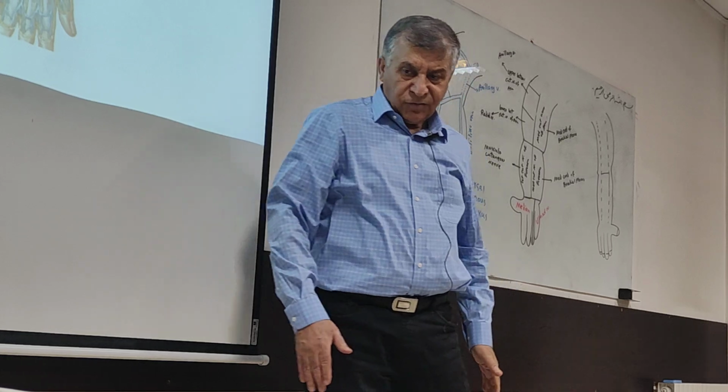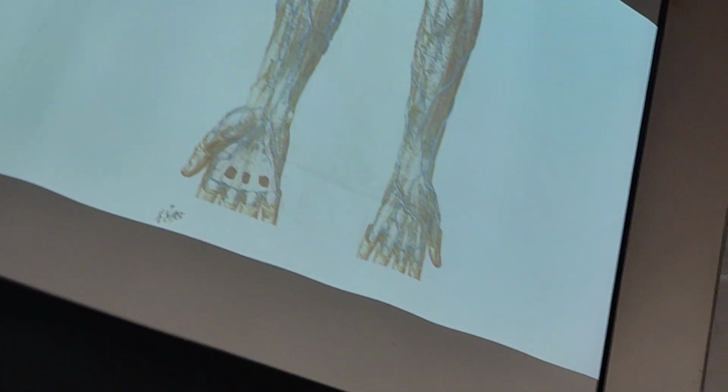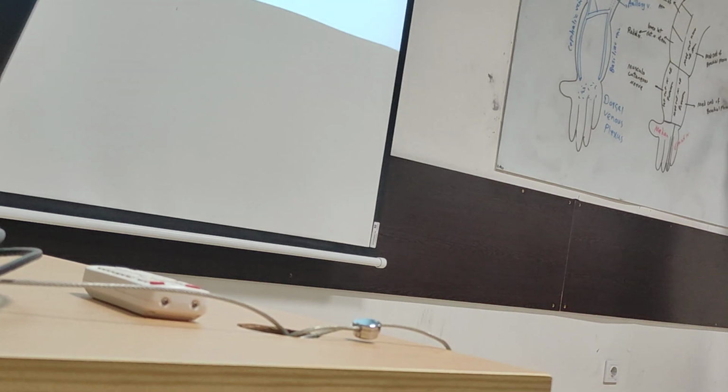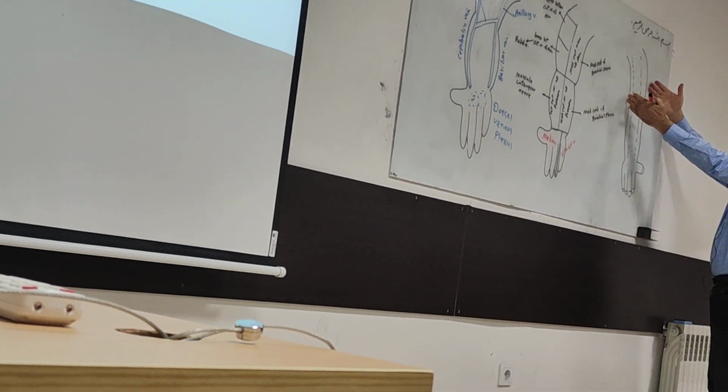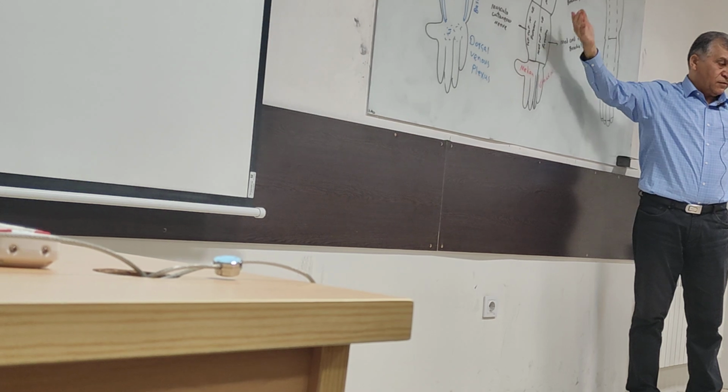Posterior surface. On the lateral or medial side, it is innervated by the same branches. Okay?